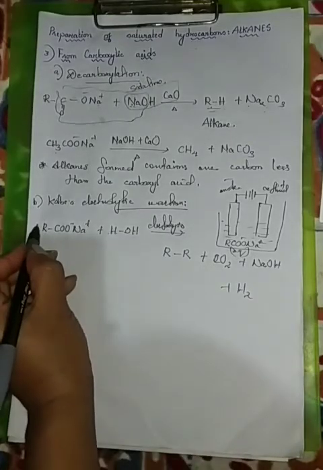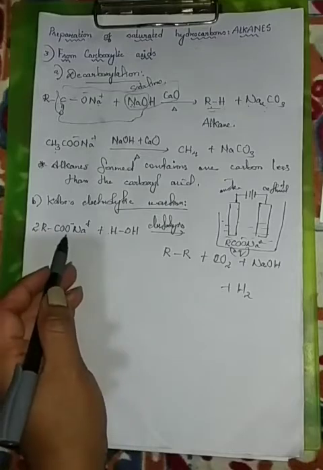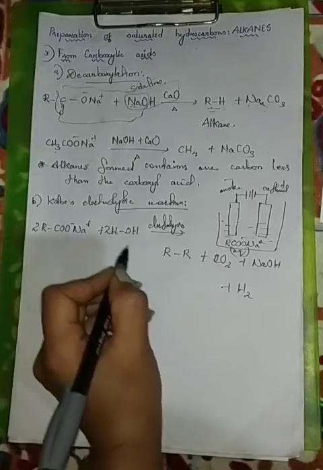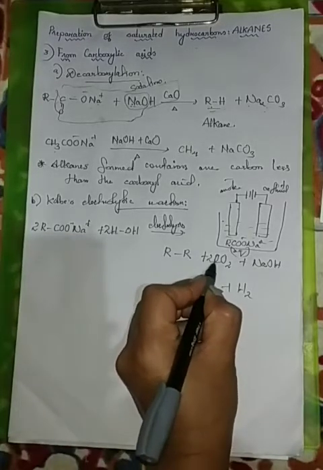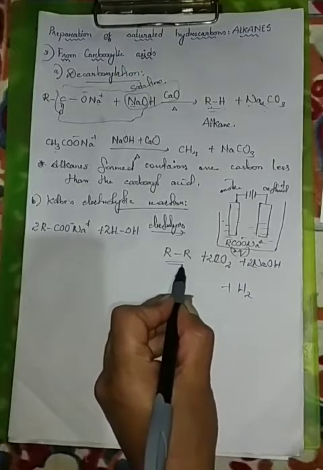In this reaction, 2 moles of the salt of the carboxylic acid are taken with 2 moles of water, and our products would be 2 CO2 and 2 NaOH, because we need an alkane here.